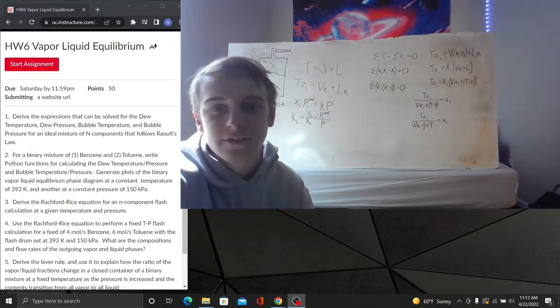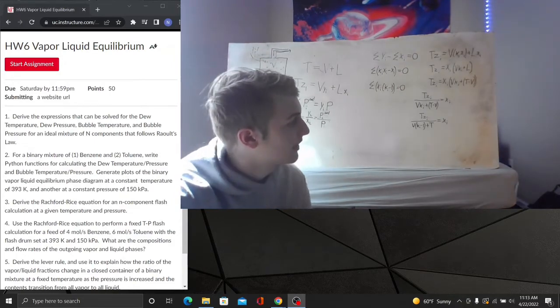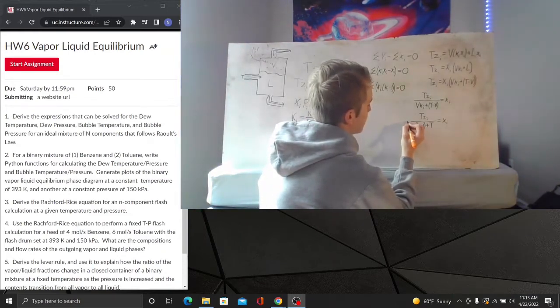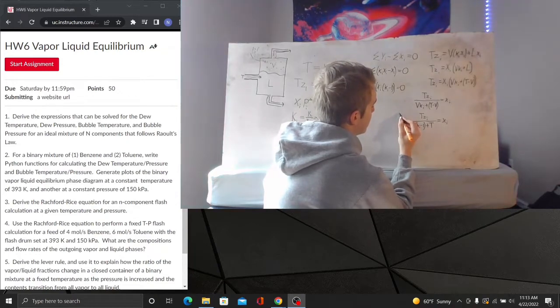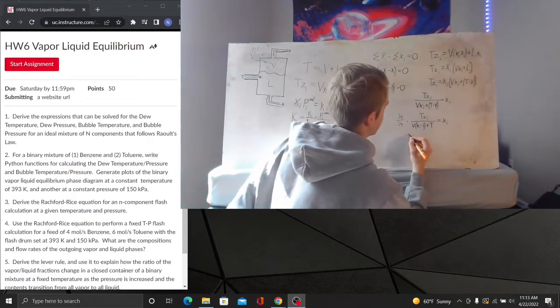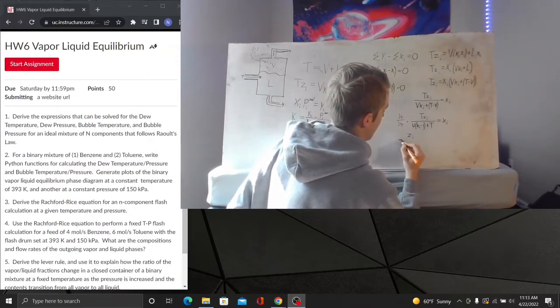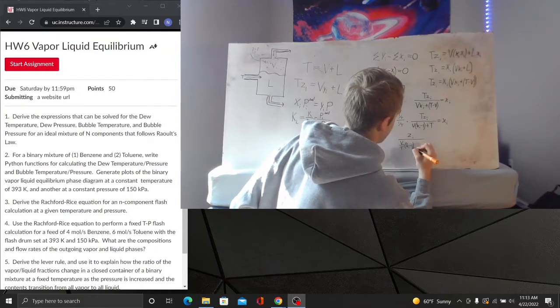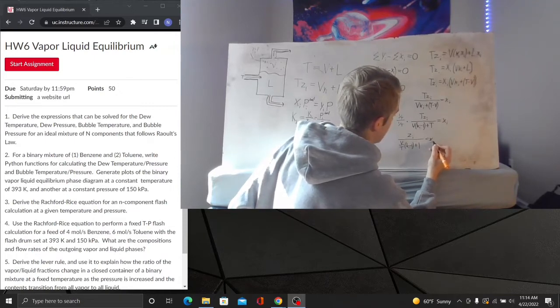Finally, this is where it gets a little bit complicated, but what we can do actually is multiply this, both the top and the bottom, by 1 over T. And what will that give us? It will give us zi over V over T times ki minus 1 plus 1 will equal xi.